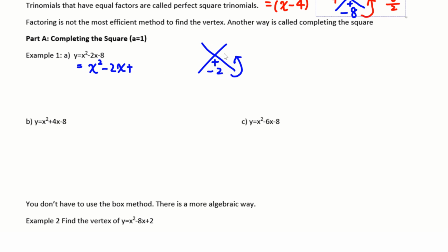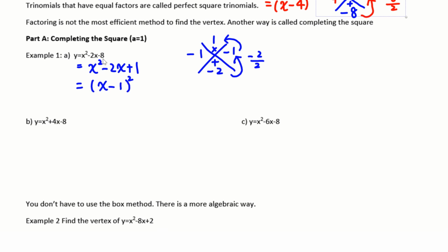Perfect square means the two numbers need to be the same, so they are half of negative 2. It's negative 1, negative 1. They are the same, add together give you negative 2, then times together give you positive 1. So we need to have positive 1 here. So x squared minus 2x plus 1. Two numbers times together 1, add together negative 2. You have x minus 1 bracket squared. That is from this x game.